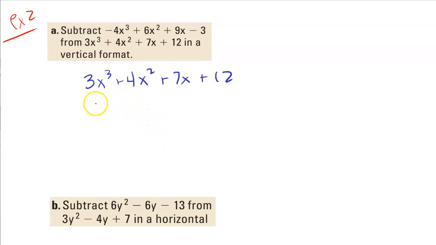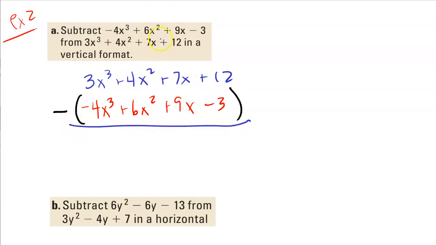So I'll just write it underneath, making sure that I put all the like terms where they're supposed to be. So I have negative 4x cubed plus 6x squared plus 9x minus 3. And I'm going to subtract the bottom from the top. So I'm going to say minus, and I'm subtracting all of that.